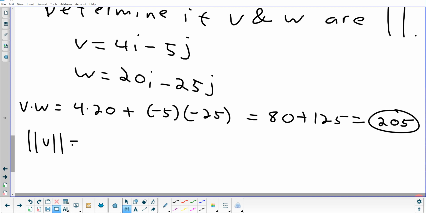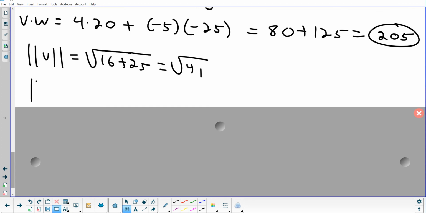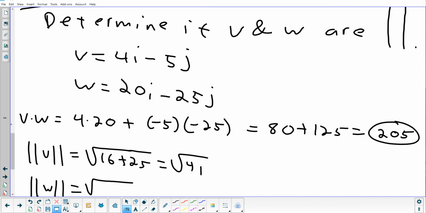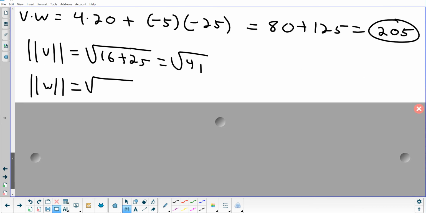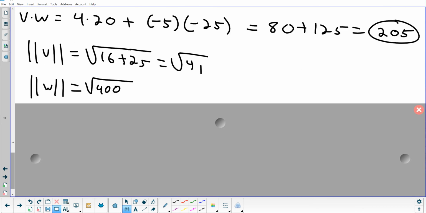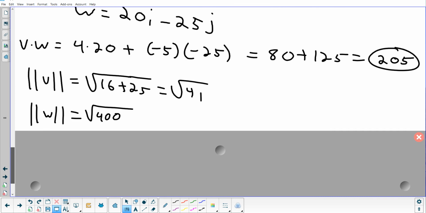Magnitude of V. That would be the square root of what plus what? 16, yep. 25. So that's the square root of 41. All right, and the magnitude of W. Let's see, what's 20 squared? 400. So 400. And what's 25 squared?